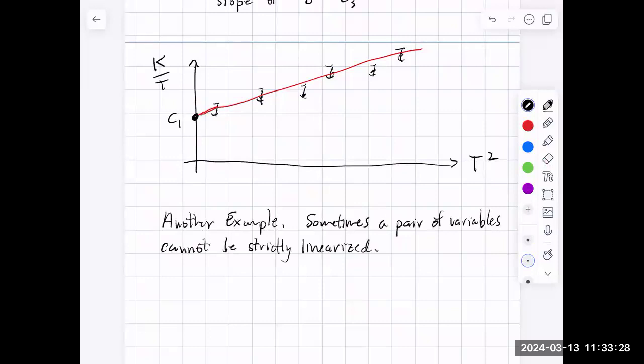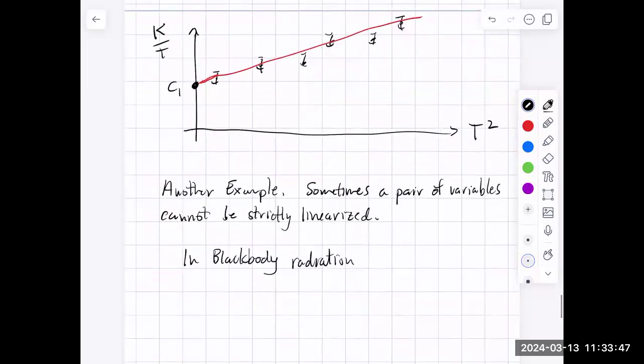And so in the black body radiation experiments, we have an expression for the intensity of the emitted light as a function of the temperature of the furnace that we're heating up. So we heat up a furnace, it glows some kind of red orange color. We measure the intensity of that glow as we change the temperature of the furnace.